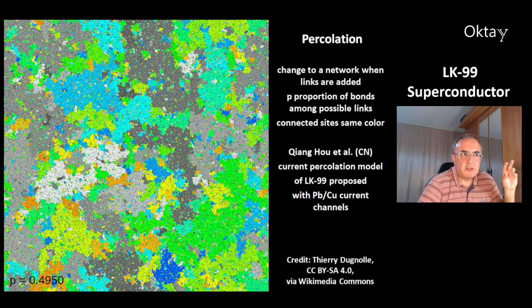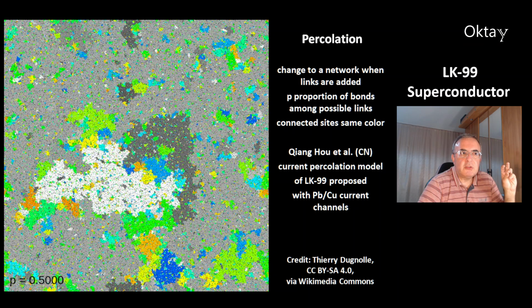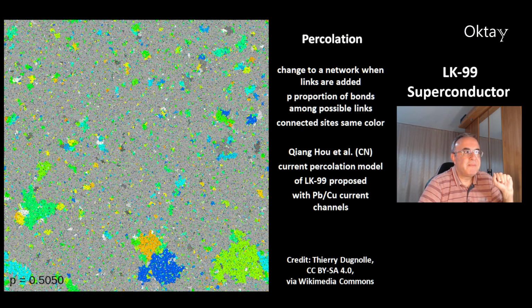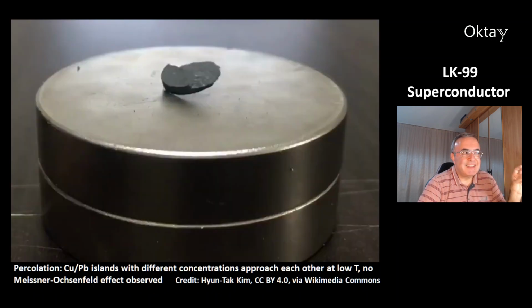They propose a current percolation model for LK-99 with lead and copper current channels. These are copper-lead islands with different concentrations that approach each other at low temperatures. But this group could not observe the Meissner-Ochsenfeld effect.